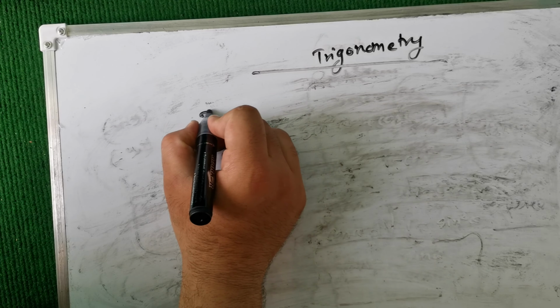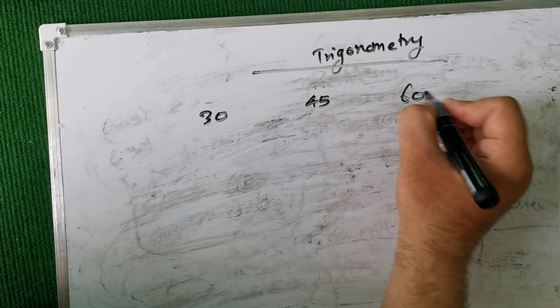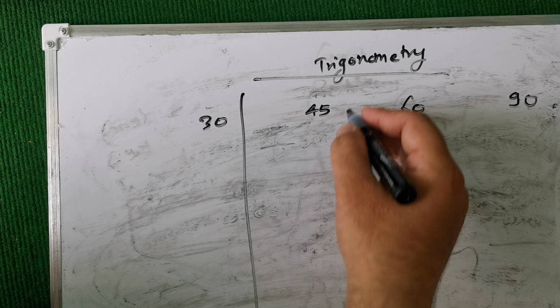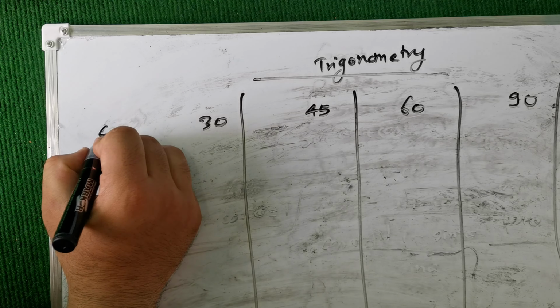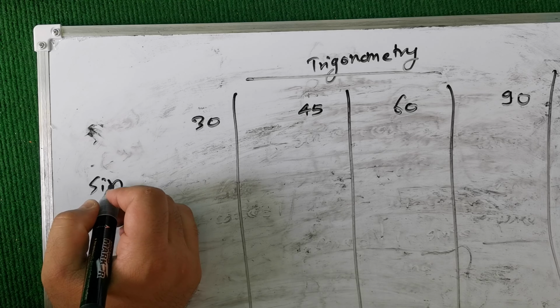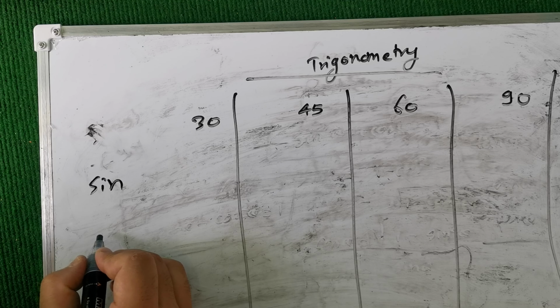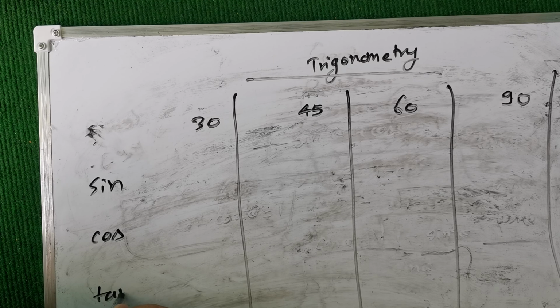Now 30, 45, 60, 90. You have to remember this also. Sine, cos, tan.